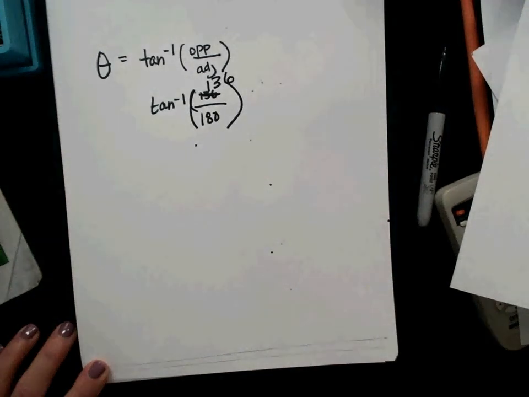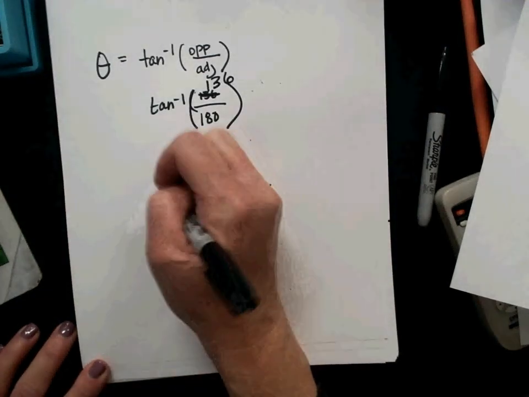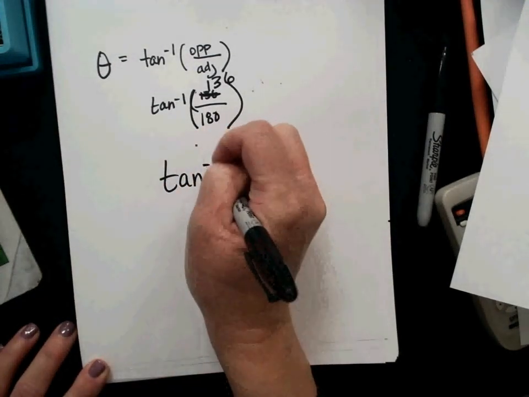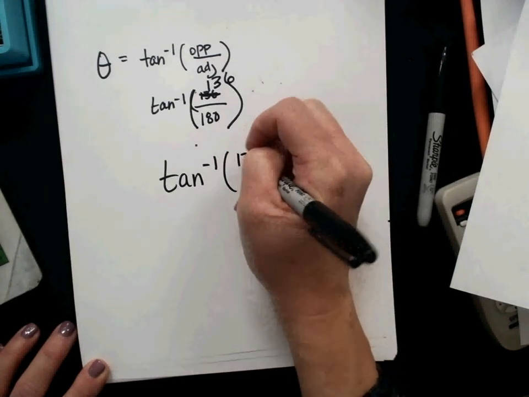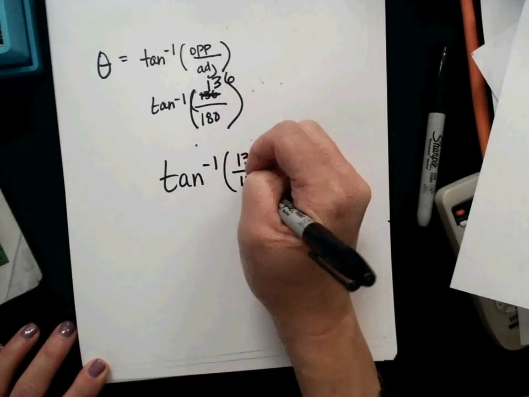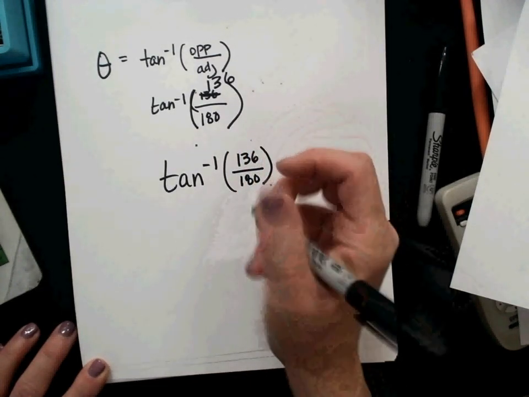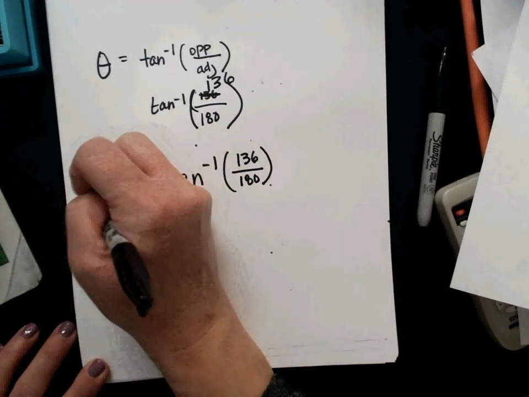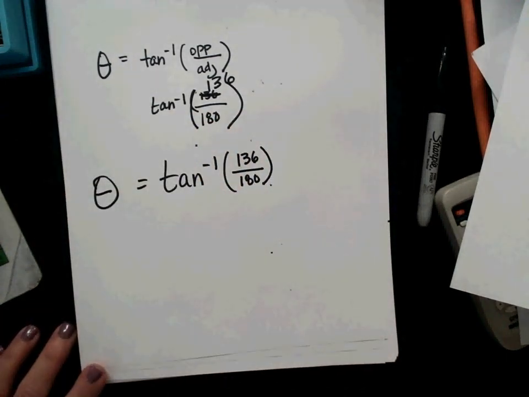Sorry, I started writing little again. I'm going to write this bigger, 136. So put it in your calculator, tangent inverse function, 136 divided by 180. And that gives you the angle.